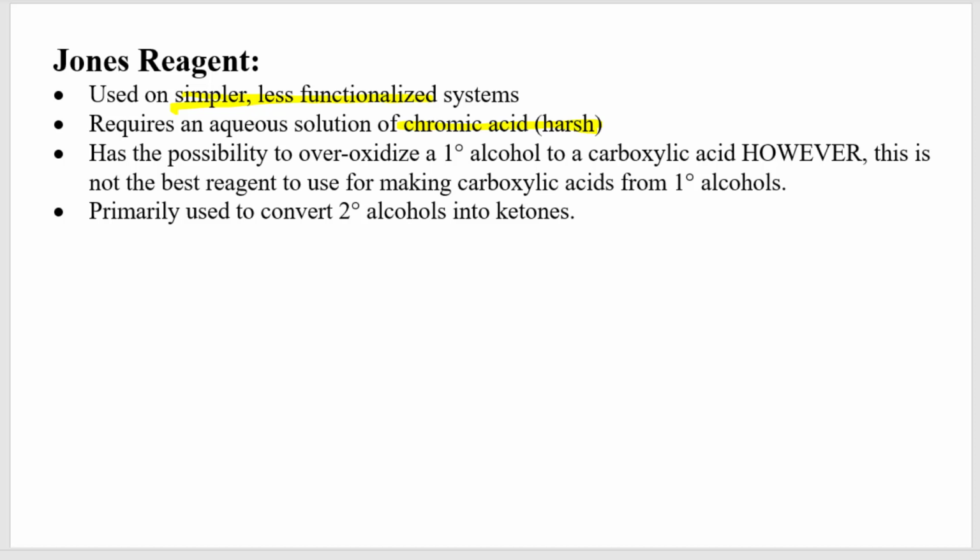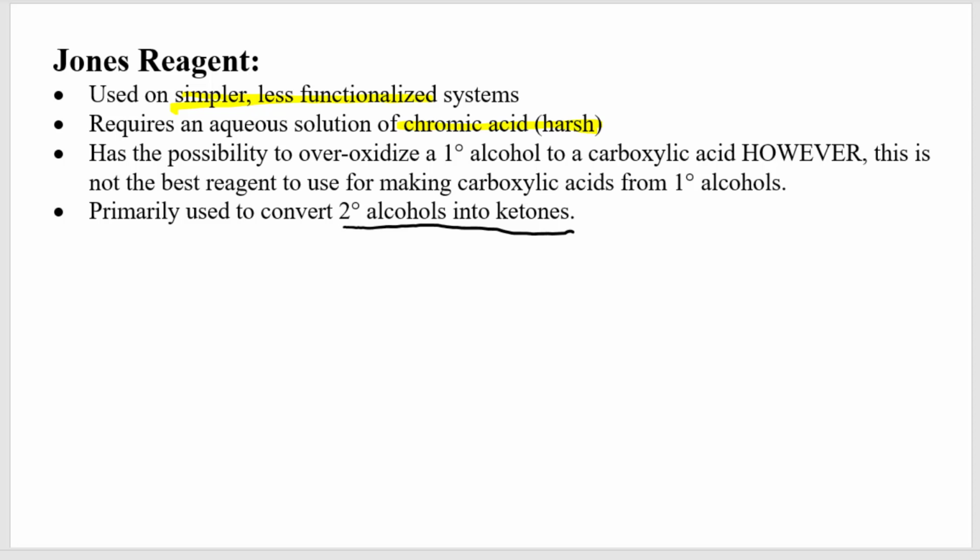Also, if you are dealing with a primary alcohol, you're going to oxidize all the way up to the carboxylic acid because it's very difficult to stop the oxidizing train that is chromic acid. So oftentimes Jones reagent is used to convert secondary alcohols to ketones in simple systems, and sometimes to go all the way to the carboxylic acid. But there are other options out there for primary alcohols to go to the carboxylic acid.